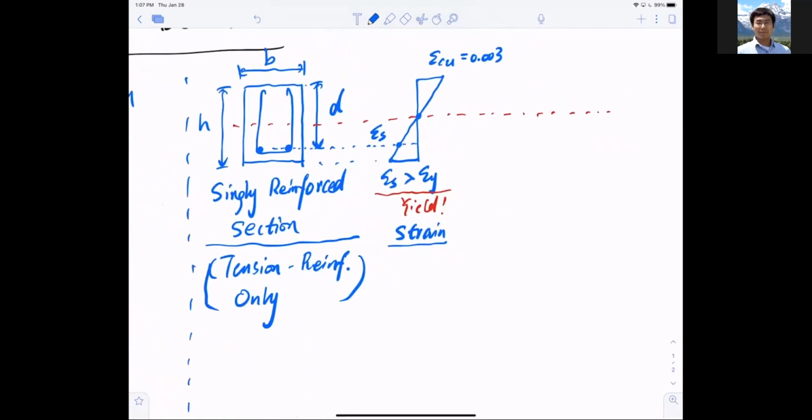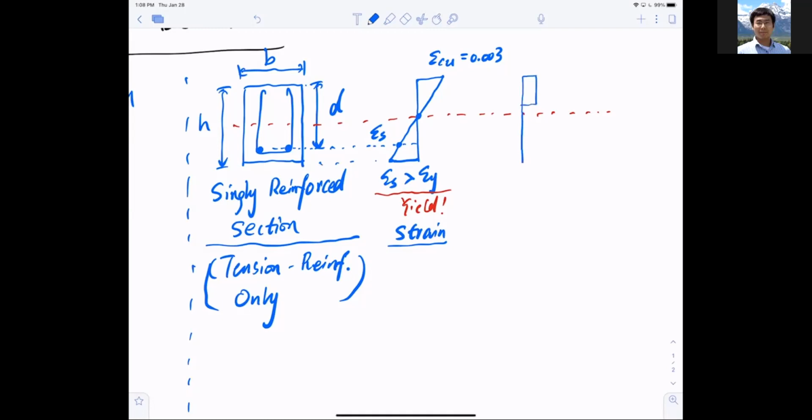All right, now if I draw the actual stress distribution, we have talked about this, we say because the stress in the compression side is too complicated, I'm going to use a simplified stress distribution. The simplification is the so-called Whitney stress block.